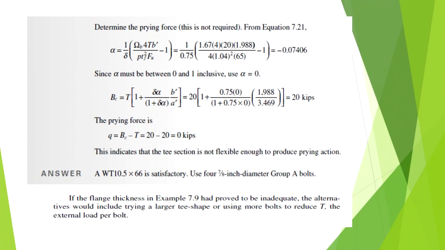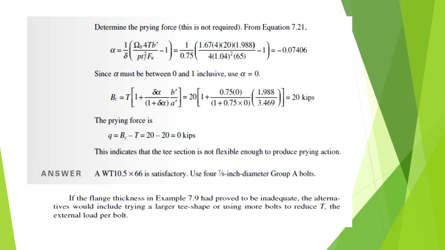Determine the prying force. From equation 7.21, alpha is equal to 1 over 0.75 times 1.67 times 4 times 20 times 1.988 over 4 times 1.04 squared times 65, minus 1, or negative 0.07406. Since alpha must be between 0 and 1, inclusive, use alpha equal to 0.